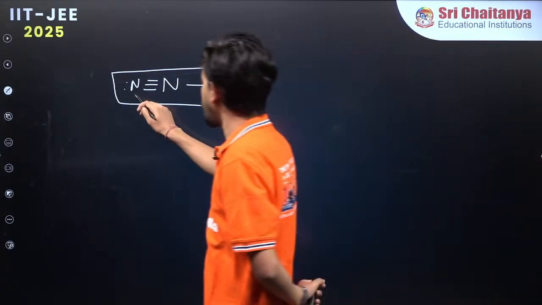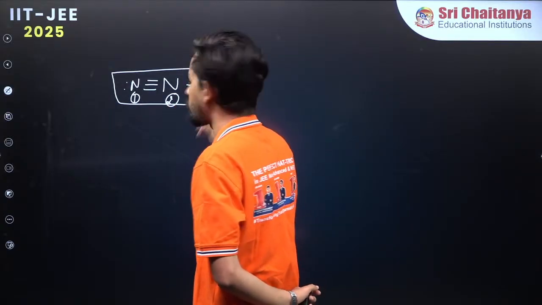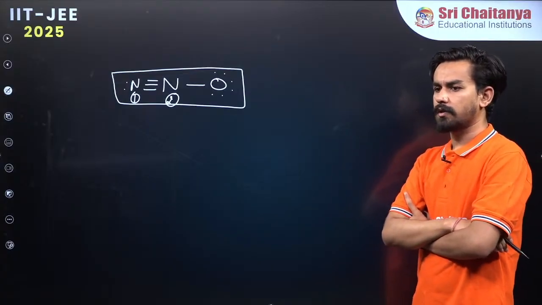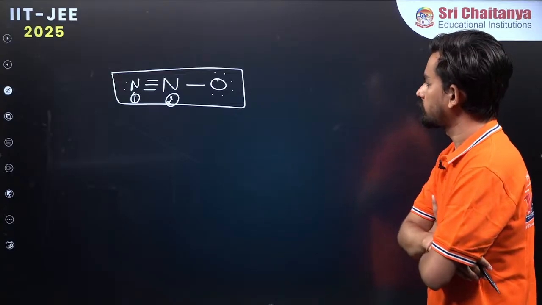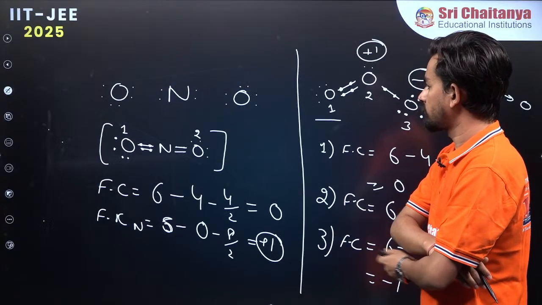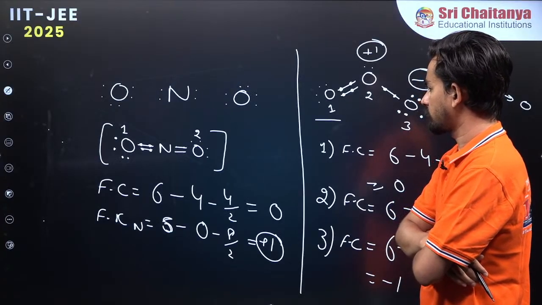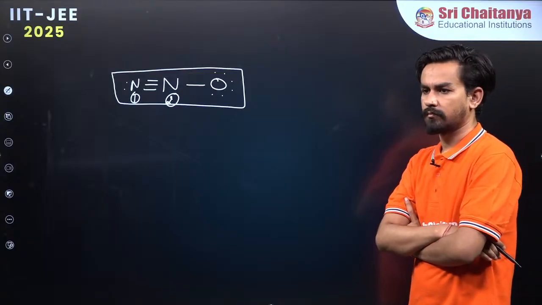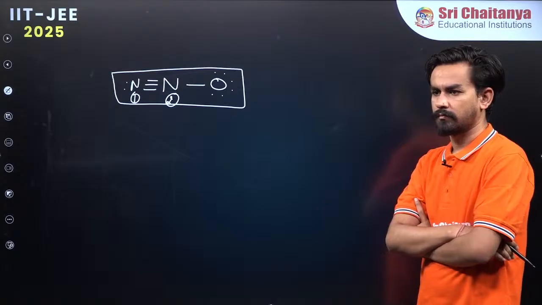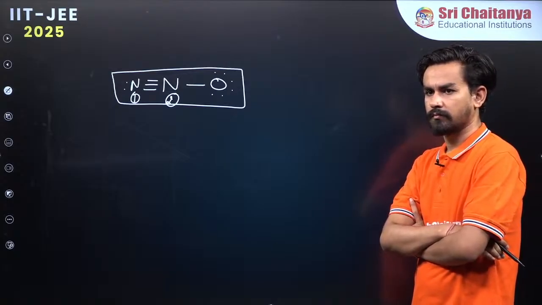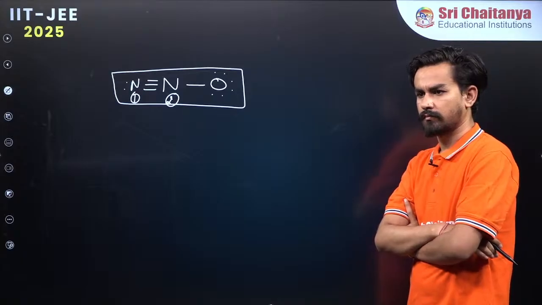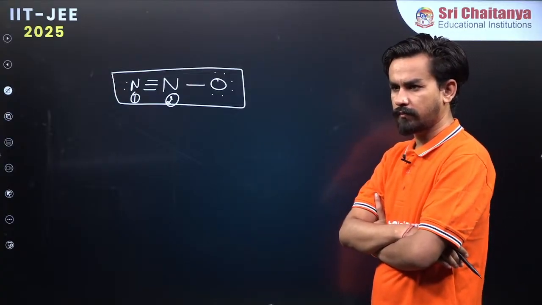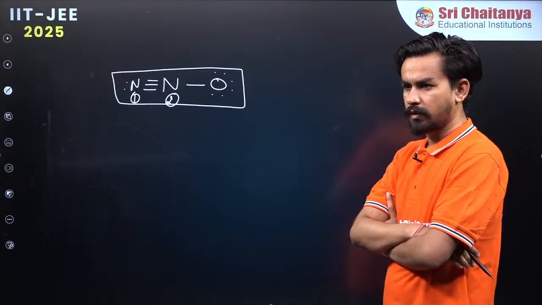Tell me on nitrogen number 1 how much, nitrogen number 2 how much, and oxygen how much. 0, 1, minus 1. Very good.